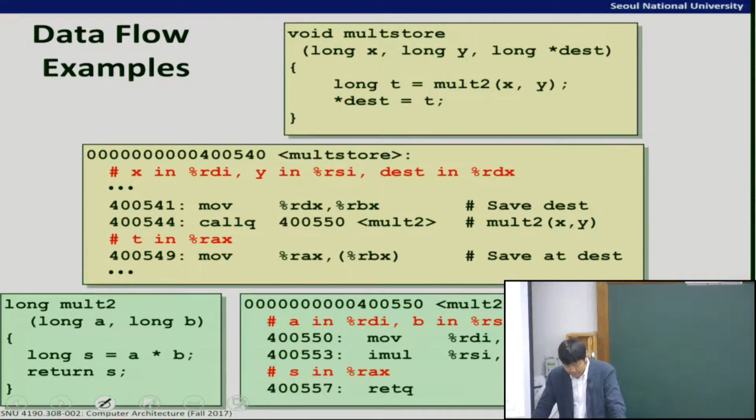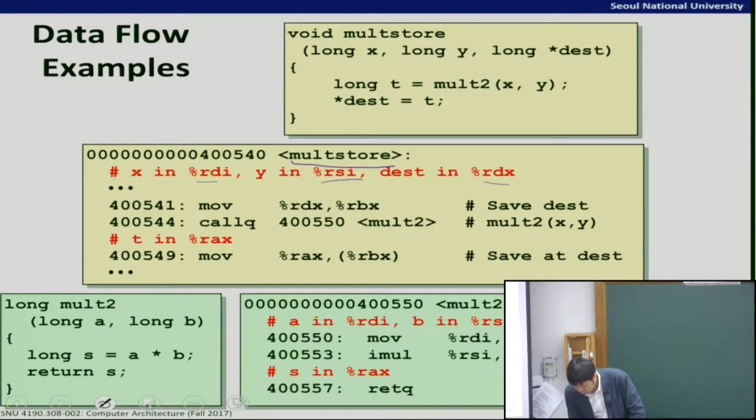So in this case, whenever we start this multi-store function, we already received the first 3 arguments, x, y, and dest, in the 3 registers RDI, RSI, and RDX.